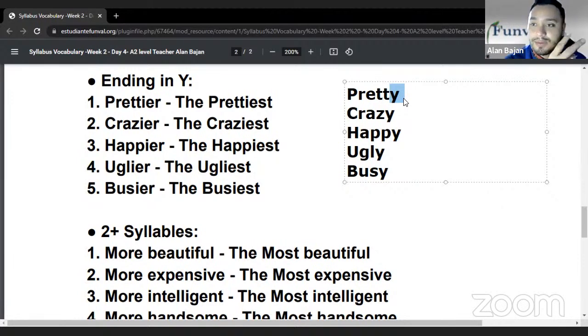They have two syllables and beyond. Pretty, crazy, happy, ugly.